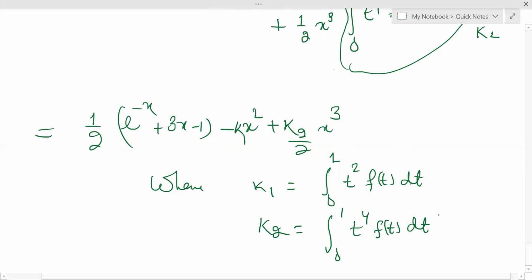Substituting f(t) in the first equation, f(t) जो वैल्यू है, this is f(x). तो ये जो वैल्यू है f(t), this value is f(t).